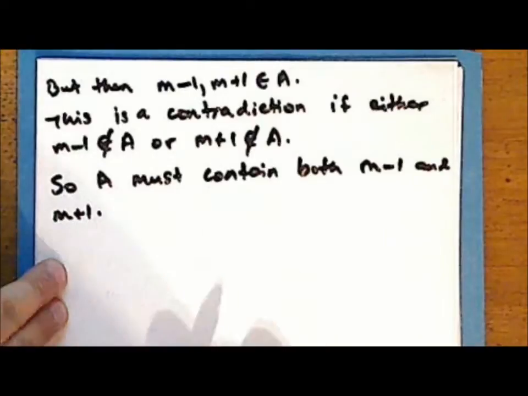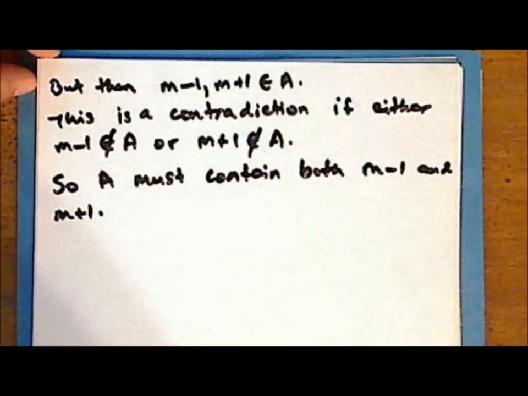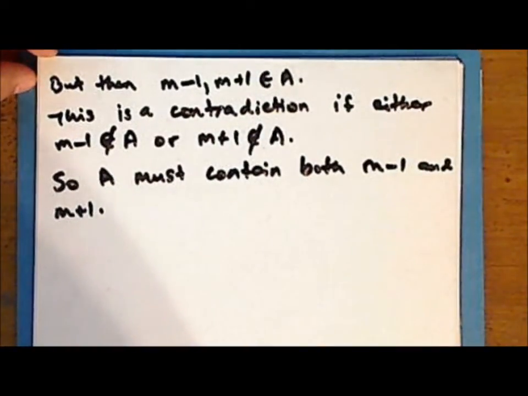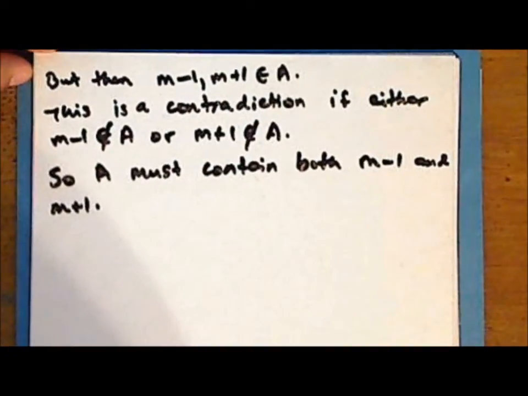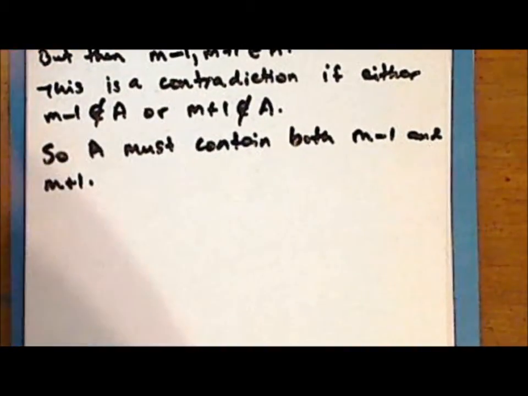In other words, if we have a subset in the digital line that contains an even integer, and if it does not contain both of the consecutive odd integers about that even integer, then that set is not open.